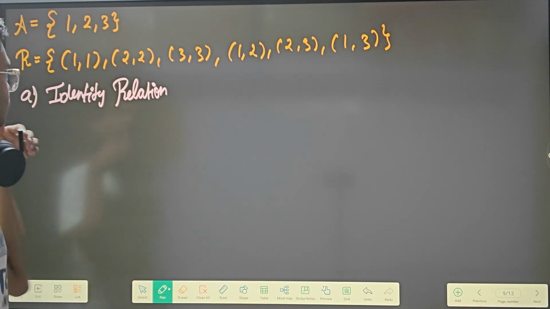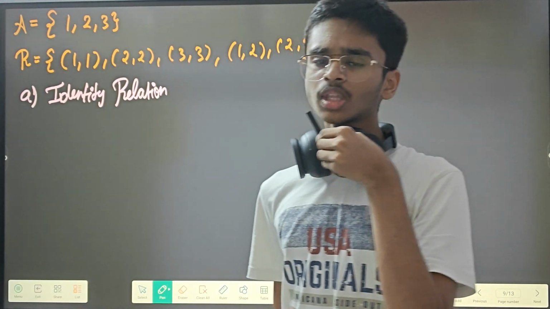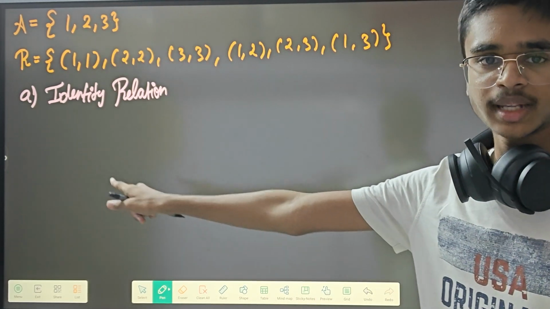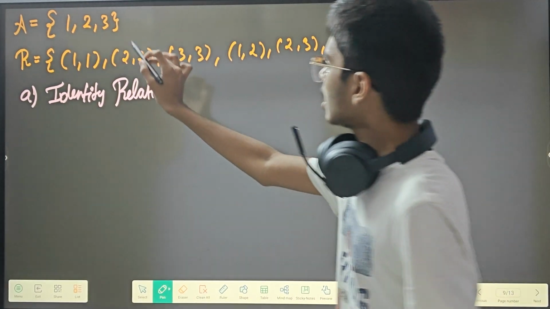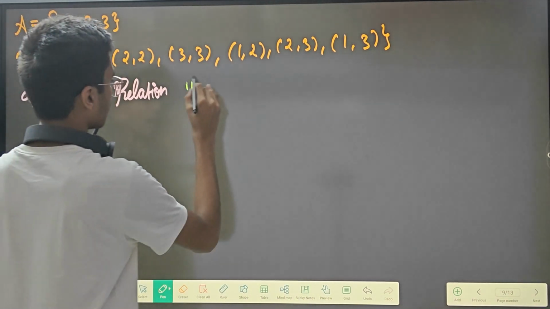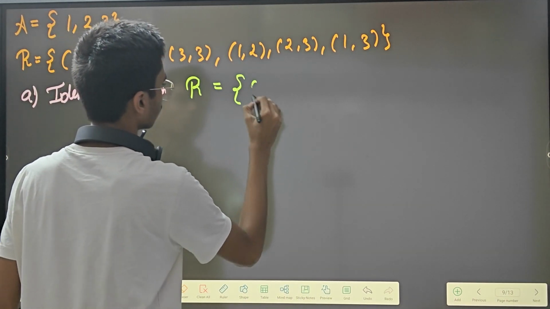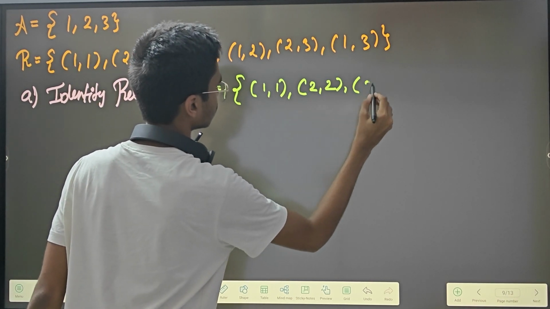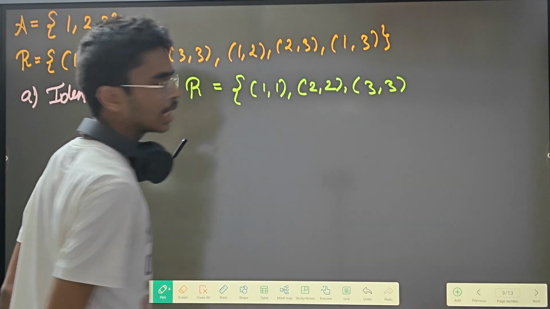I've already explained what an identity relation is. If it should be an identity relation, then R should be (1,1), (2,2), (3,3).